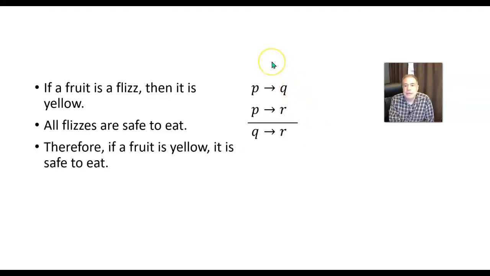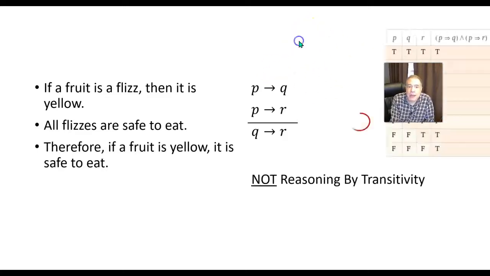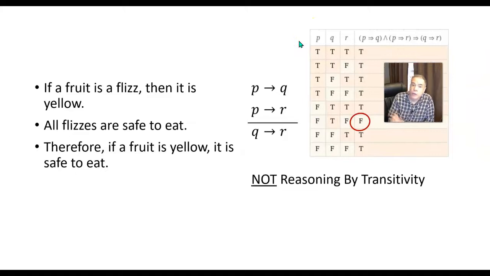Well, this is a pattern you've seen before earlier in this video in the example about the stethoscope and being a doctor and being able to prescribe drugs. It's that same pattern, and just like back then, this is not reasoning by transitivity, and it is an invalid argument. It's possible for the premises to be true, but for the conclusion to be false.